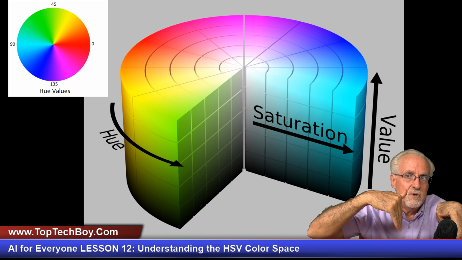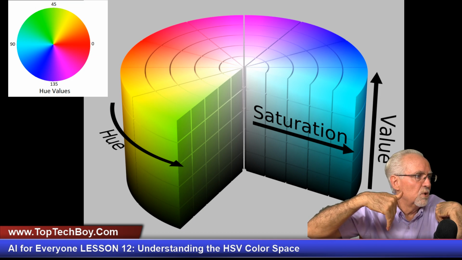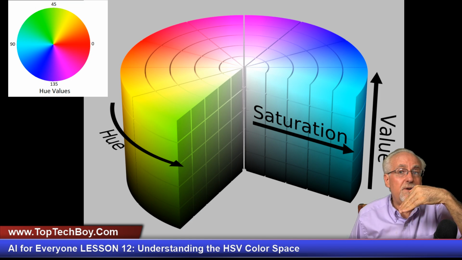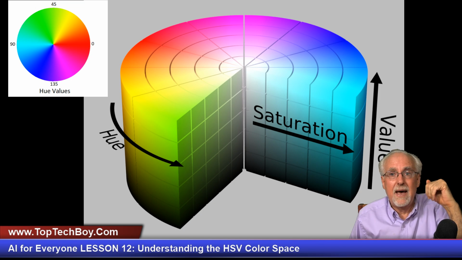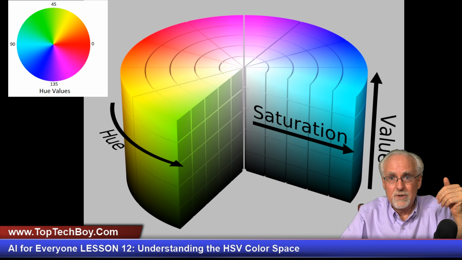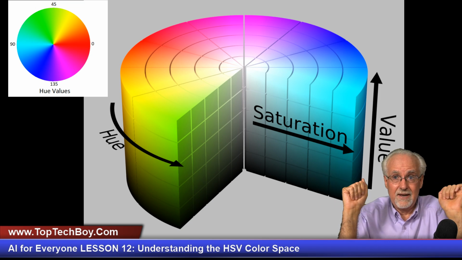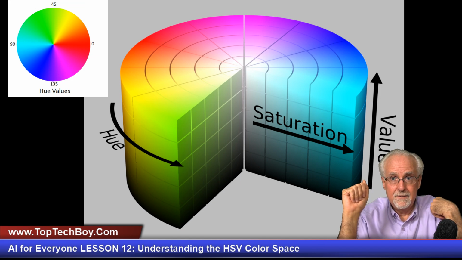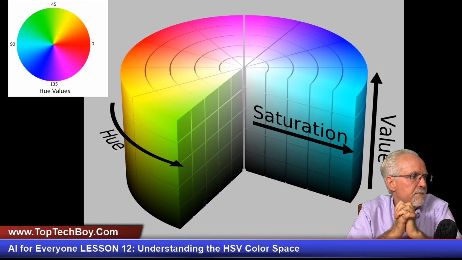And then as I go to 135, I've gone through blue and I'm approaching purple. And then when I go from 135 to 179, I'm going back to red. Why did I say 179? Because I've got 180 and I start counting at 0, so I end at 179. I hope that makes sense.